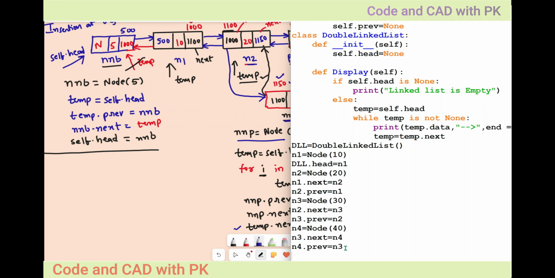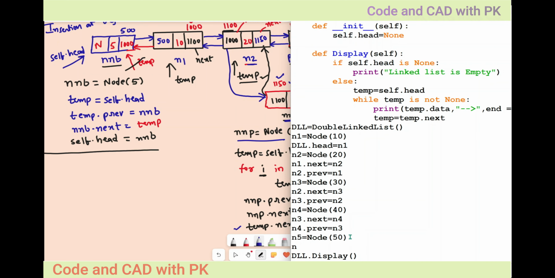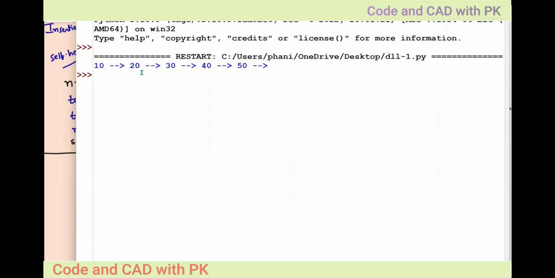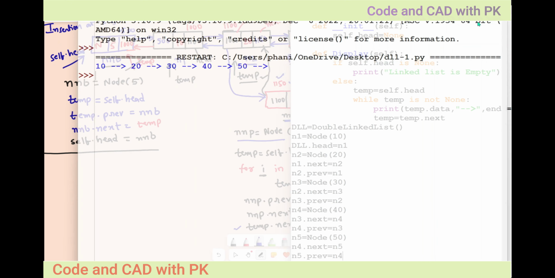Similarly I am going to create one more node, n5 is equal to node of 50. So n4 dot next is equal to n5, n5 dot previous is equal to n4. Once executed, you will get 10, 20, 30, 40, 50 nodes.